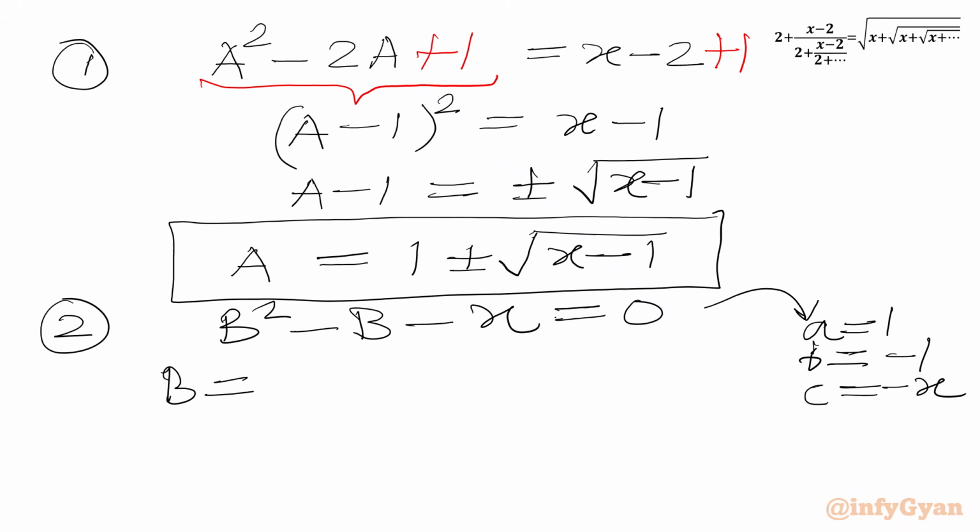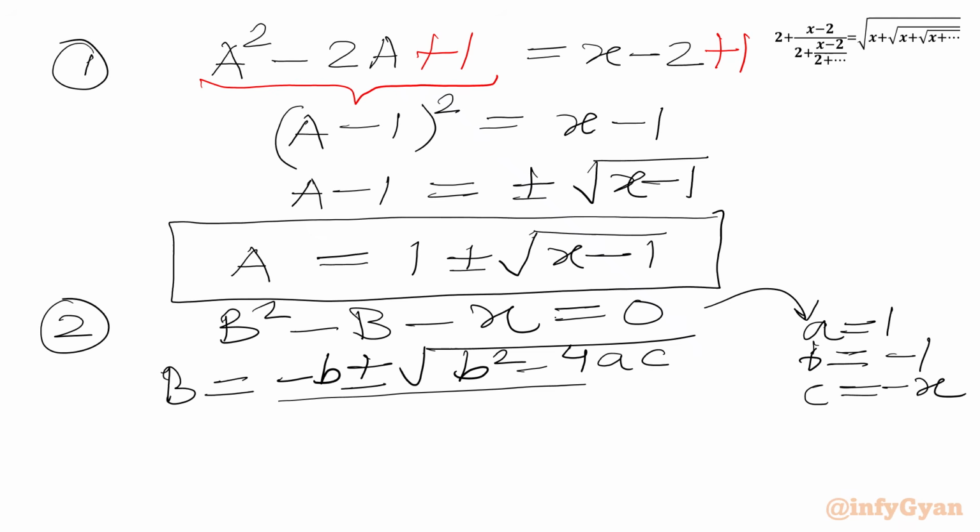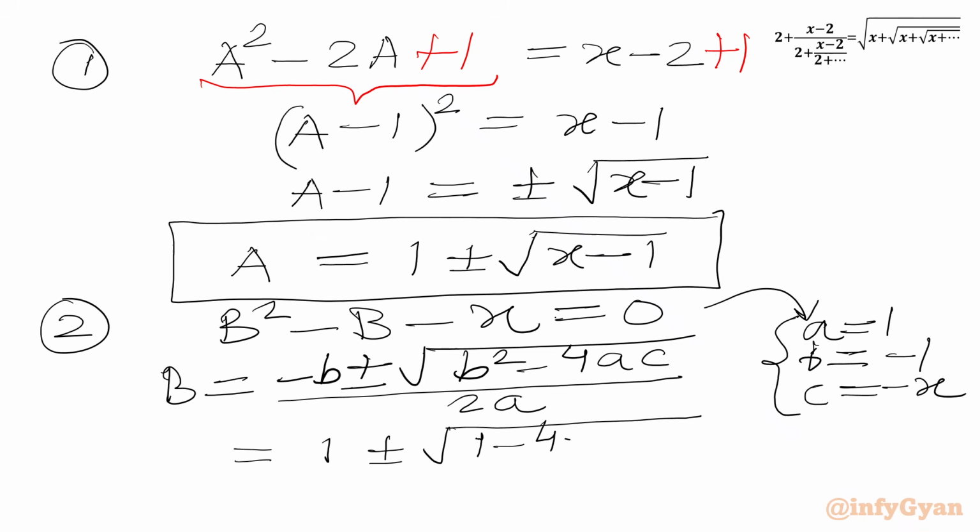B will be equal to minus b plus minus the square root of b square minus 4ac, over 2a. Let's plug in all the values of a, b and c. We will get minus b, so minus of minus 1, we will write 1, plus minus the square root of (minus 1) square, we'll write 1 here, minus 4 times 1 times minus x, and in the denominator we will write 2 times 1, which is 2.